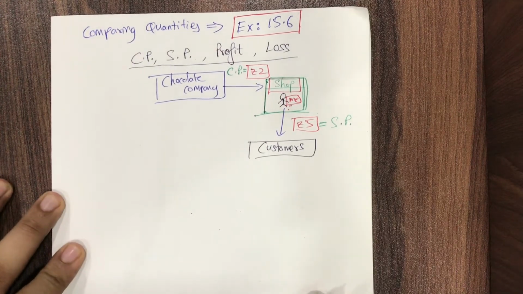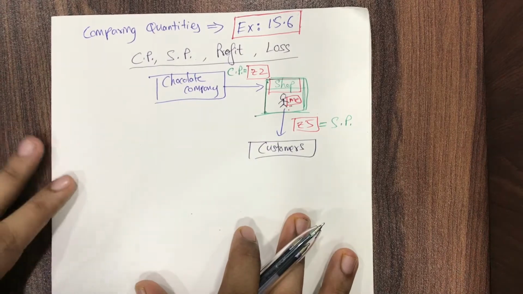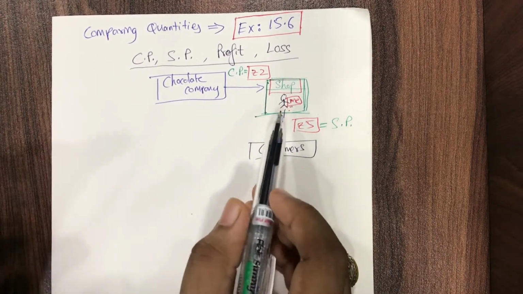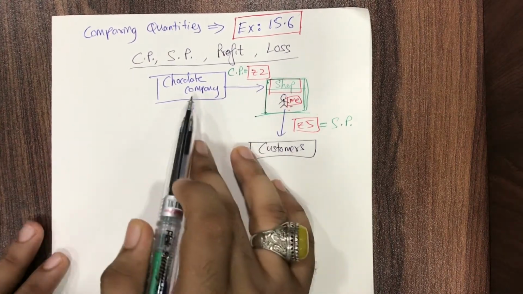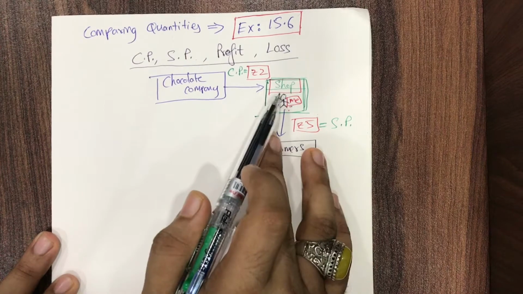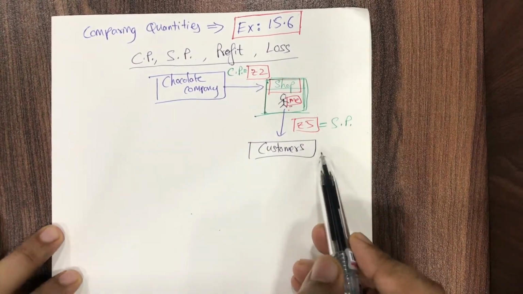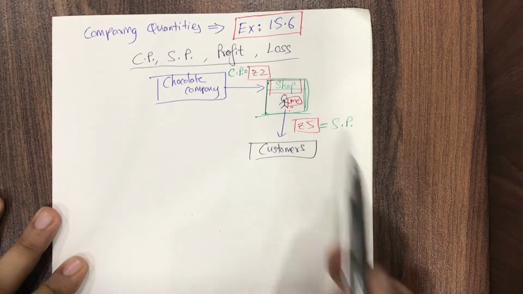Okay. Now students, in this example, what happened is, early in the morning I purchased the chocolate. Purchase the chocolate means in Hindi मैंने खरीदा. I purchased the chocolate from the chocolate company in rupees 2, so the cost price is rupees 2. And then in the evening I got a beautiful customer and I sold that chocolate.